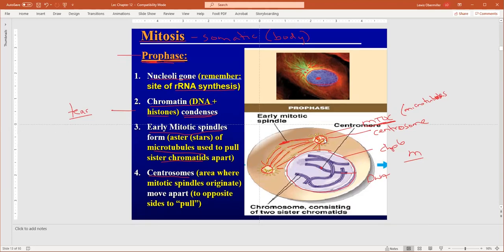These things move to opposite sides of the cell as well, because they need to set up a force. Think about it this way. Can you imagine having a pen with a cap that's on it? Could you pull that cap off with one hand?